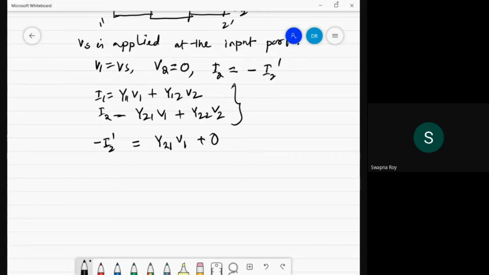So I2 dash by V1, V1 is equal to Vs, I2 dash by Vs is equal to Y21. So this one is the response and this one is the excitation or cause. Ratio of response to excitation.